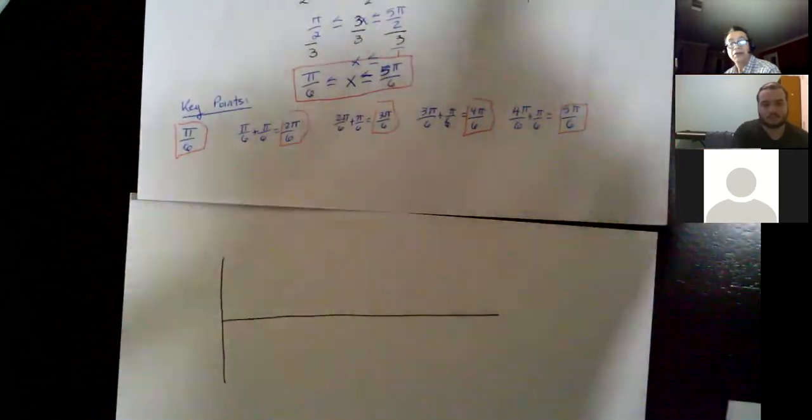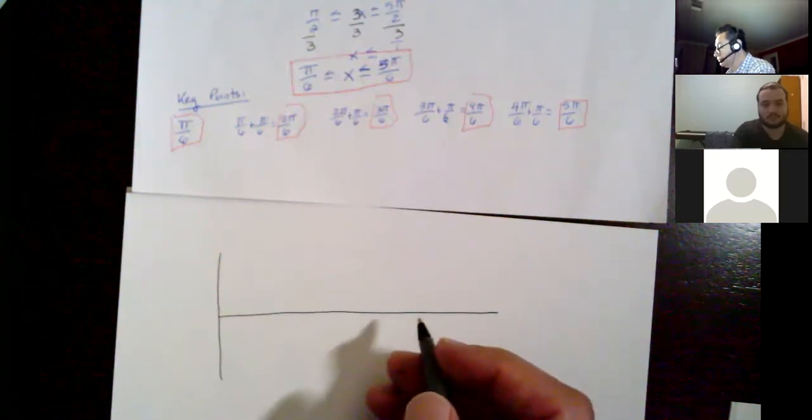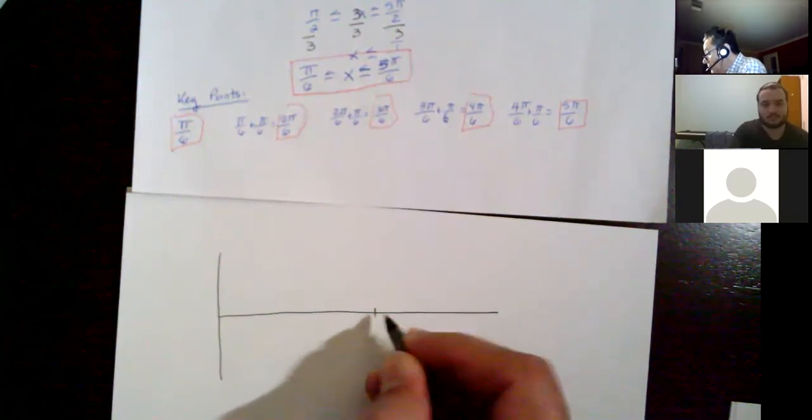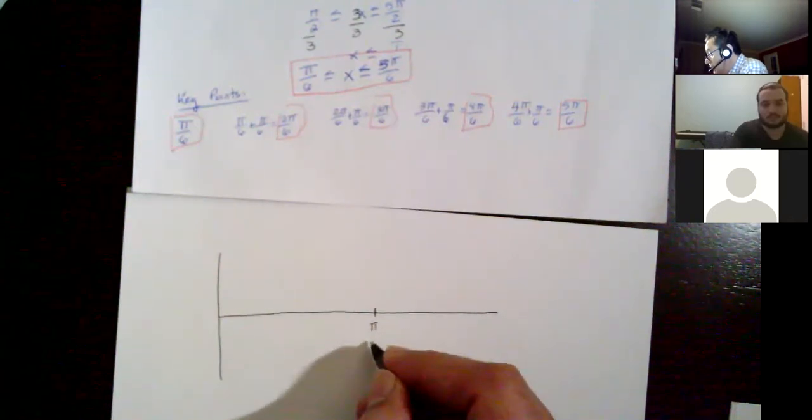So remember that we're gonna start at pi over 6, and we're going to end at 5 pi over 6. So notice this graph is less than pi, by the way. All right. So let's say that here you guys decide to be pi, which is the same as 6 pi over 6, by the way.